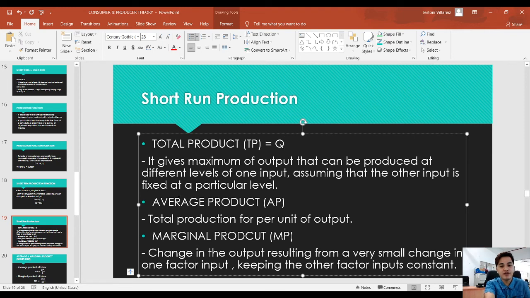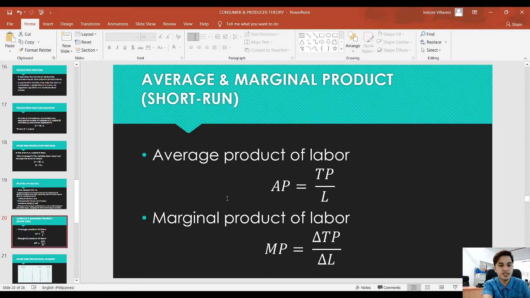AP, average product, is the total product per unit of labor. And marginal product, or MP, is the change in the output resulting from a very small change in the input. So these are the formulas for AP and MP.